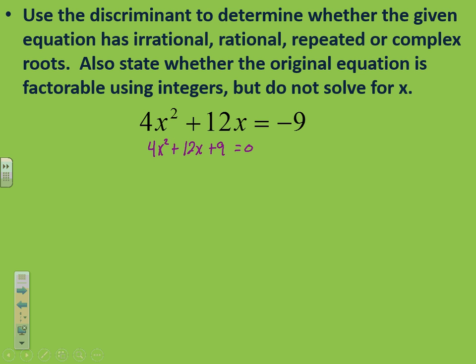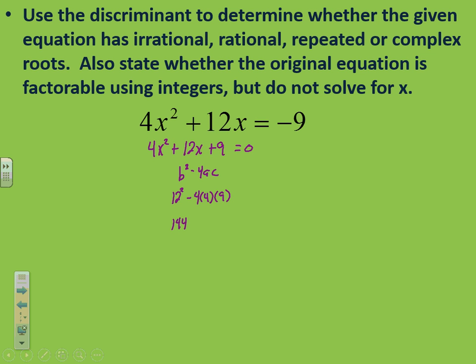Now, again, the discriminant, b squared minus 4ac. B in this case is 12, so I'm going to say 12 squared minus 4 times 4, the a term, and c is 9. And let's simplify it, see what we get. Well, 12 squared is 144.